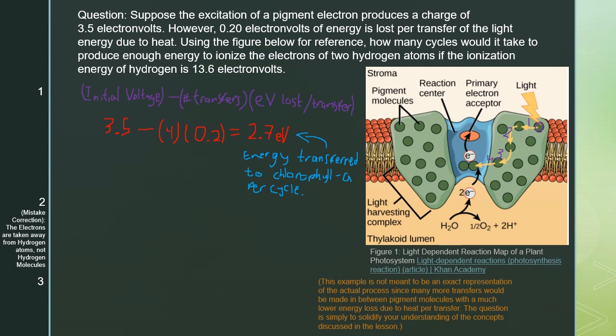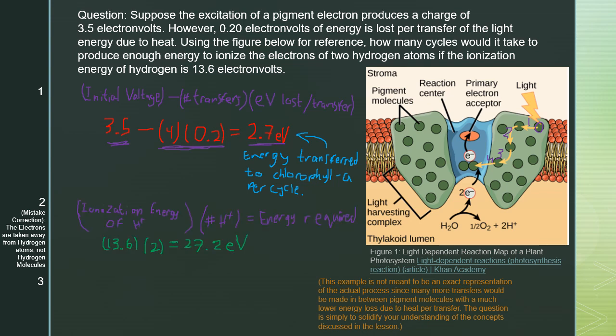By multiplying the amount of electron volts lost per transfer by the amount of transfers made, and subtracting that from the initial voltage of the chlorophyll B molecule here, we get 2.7 electron volts, or the amount of energy transferred to chlorophyll A molecules per cycle of the system.